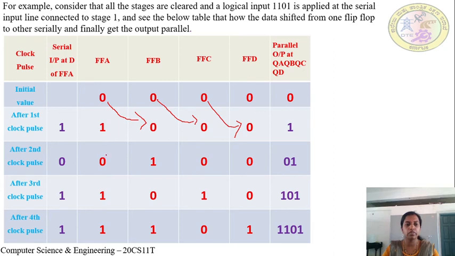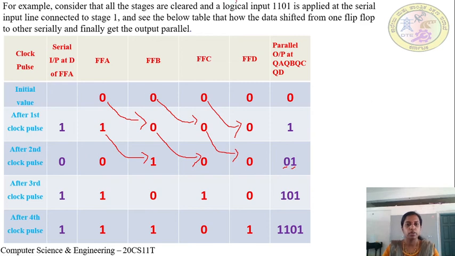The previous value of FFA is shifted to FFB, the previous bit of FFB is shifted to FFC, and the previous bit of FFC is shifted to FFD. Already we have shifted 1, now we have shifted 0, and next we have shifted 0.